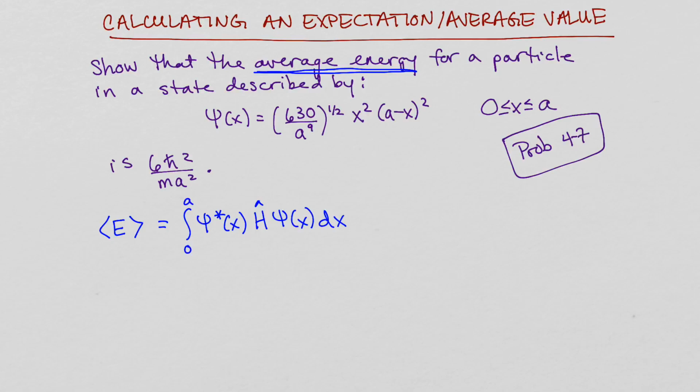Remember, this is your standard setup for any average value calculation. It doesn't matter what average value you're calculating, this is going to be the standard form, where you've got your operator for that particular observable quantity that you're looking for. That gets sandwiched in the middle between your psi star and psi. So don't make the mistake of putting your operator out front or out over here.